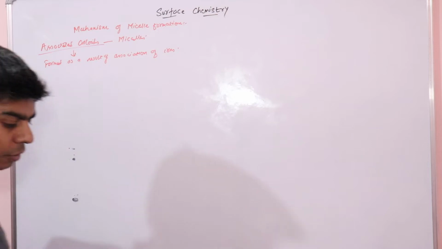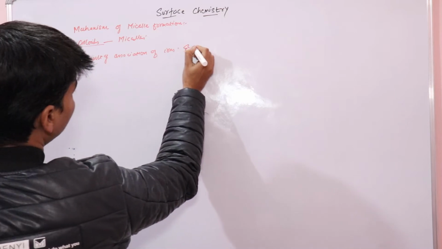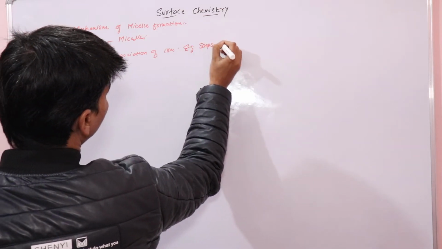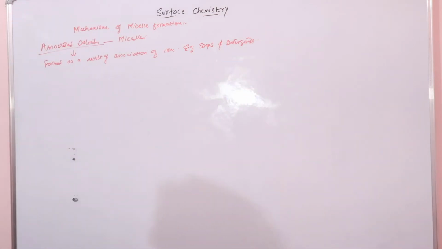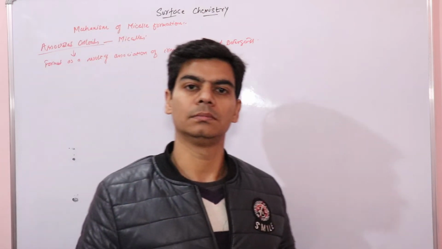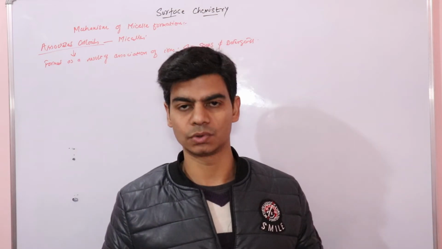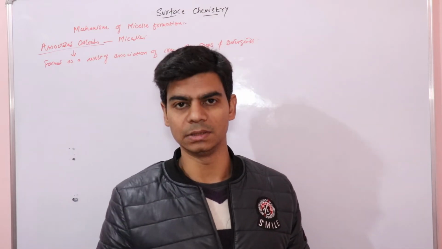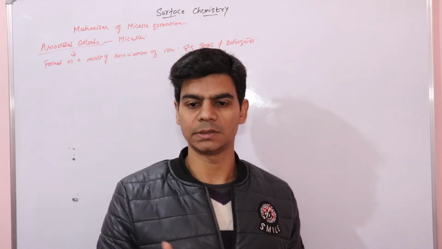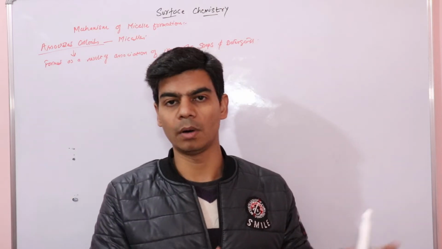Examples of associated colloids are soaps and detergents. To understand how micelles form, we take the example of soaps and see how ions in soap associate to form micelles. One micelle consists of around 100 ions, so we'll see how these 100 ions associate.